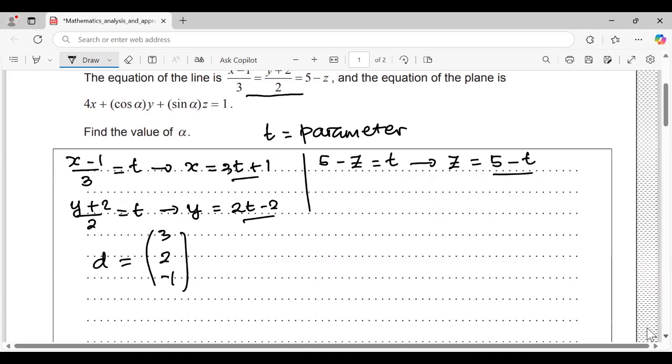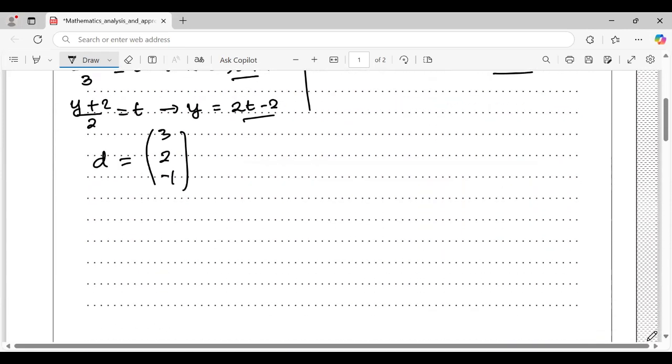Next, the normal vector. So d is the vector on a plane. If this is a plane, this is the vector d, right? Vector d.